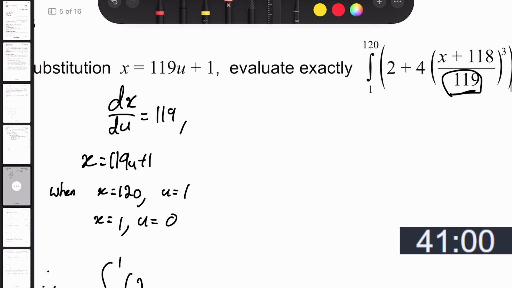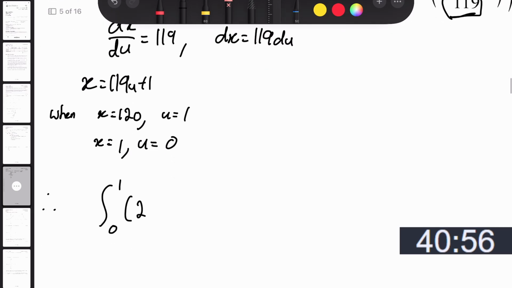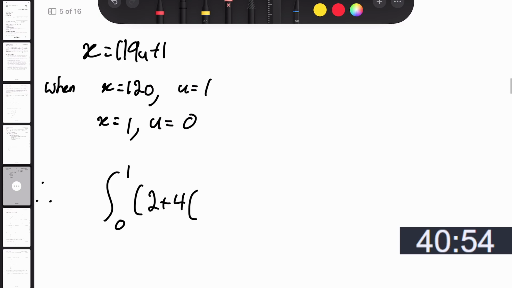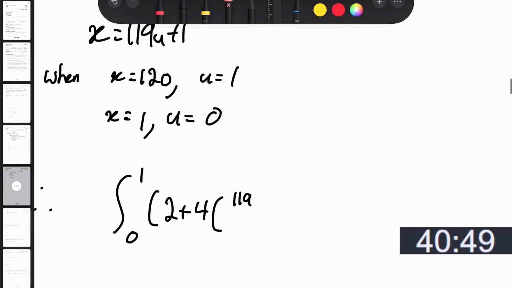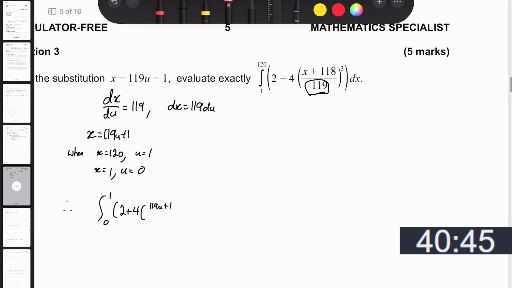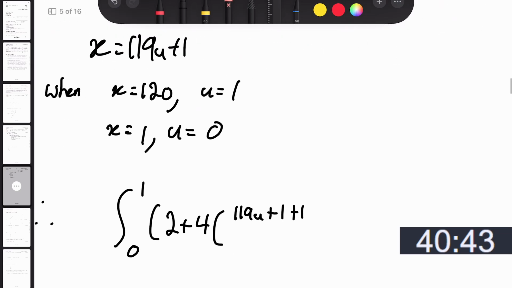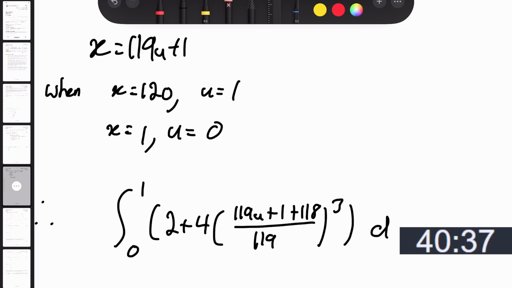Let's change this. So then dx is equal to 119 du. 2 plus 4 of x, which is going to be 119, plus 1 for u, plus 1 plus 118, all over 119 to the power of 3 dx.